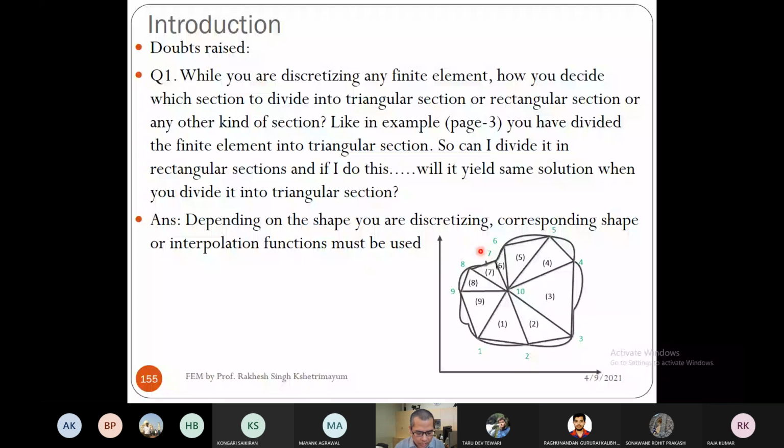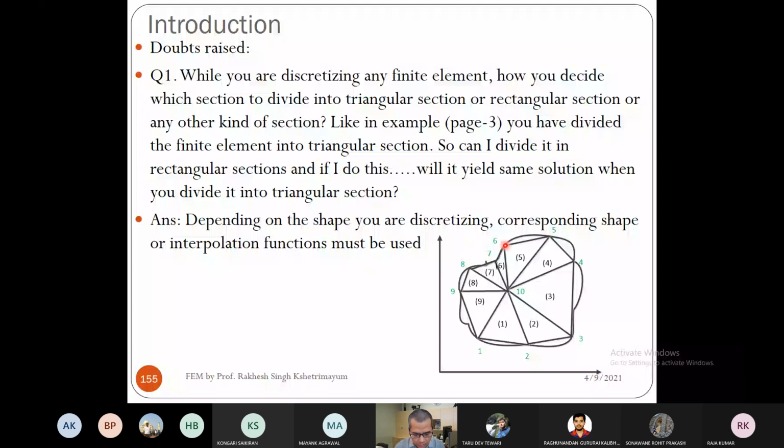Usually we use triangular shape function because it can actually model the curves also. Once you discretize using triangular or rectangular elements, you have to use the corresponding shape or interpolation functions, and if it can fit the whole solution space, then it is always better.